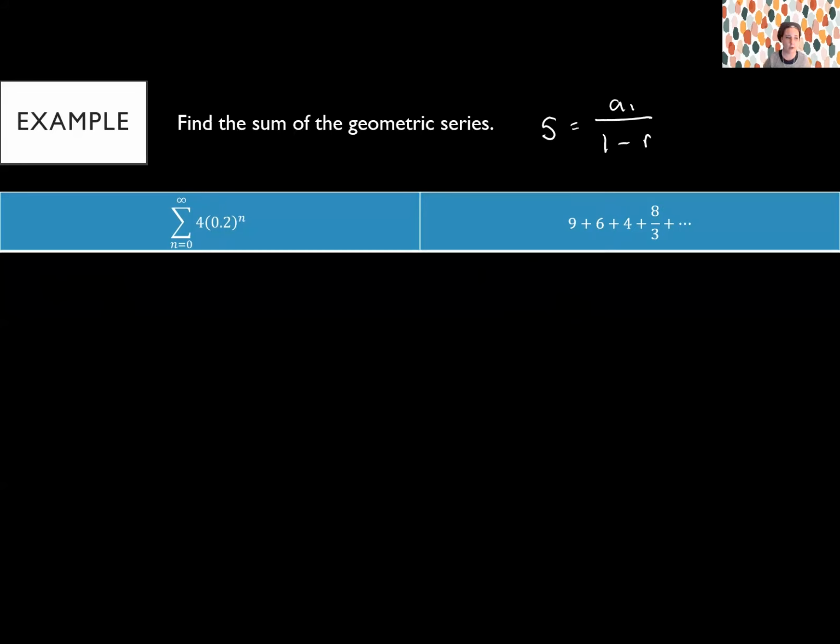So go ahead, identify what a1 is, identify what r is, and then plug it into the formula and let me know what you get. I'm going to do it on the screen as well, but let's have you also do it on your paper so that you can practice doing this on your own.